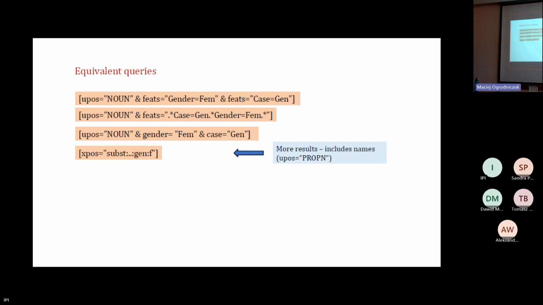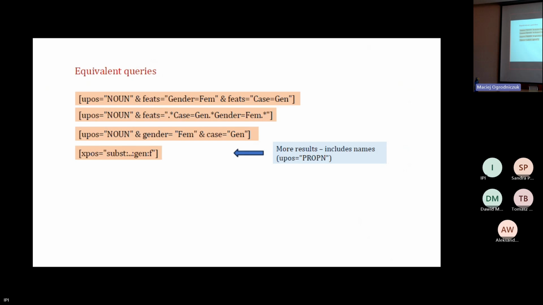So this is the language specific tag, which you can still use for Polish or for other languages if there is ex post, or you can use the tag builder, which would give you this. You can also treat the list of features as just a string and use a regular expression, but then you have to know the order.